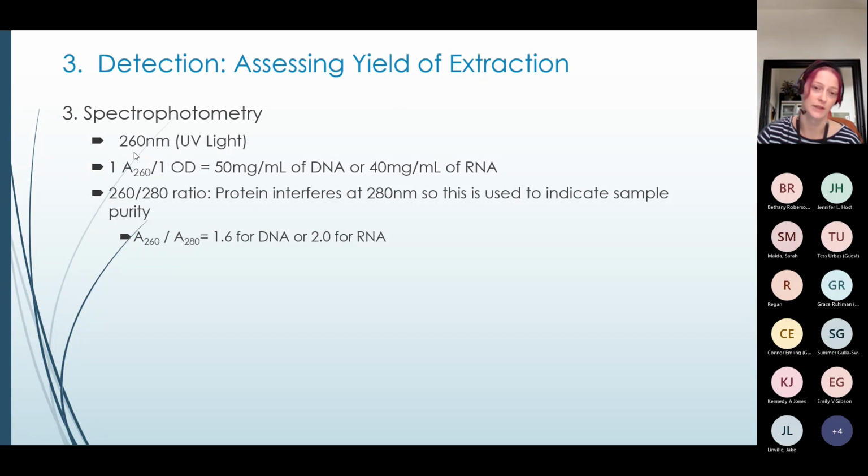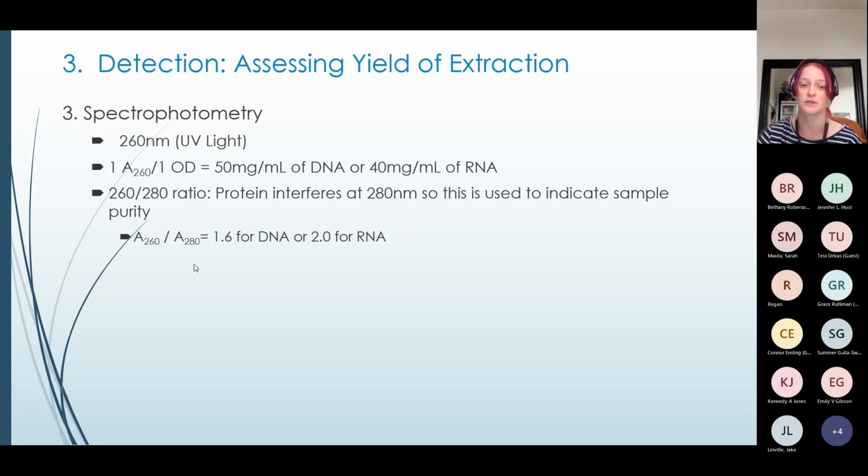If you don't have fluorescence monitoring, you can measure your 260 and your 260/280 ratio to determine the purity as well. Again, we look for 1.8 to 2 for DNA, and then we want above 2, around 2.3, for RNA.